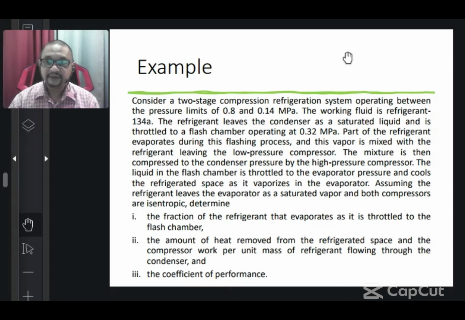Assuming the refrigerant leaves the evaporator as a saturated vapor and both compressors are isentropic, determine: one, the fraction of the refrigerant that evaporates as it is throttled to the flash chamber; two, the amount of heat removed from the refrigerated space and the compressor work per unit mass of refrigerant flowing through the condenser; and lastly, the coefficient of performance of this system.